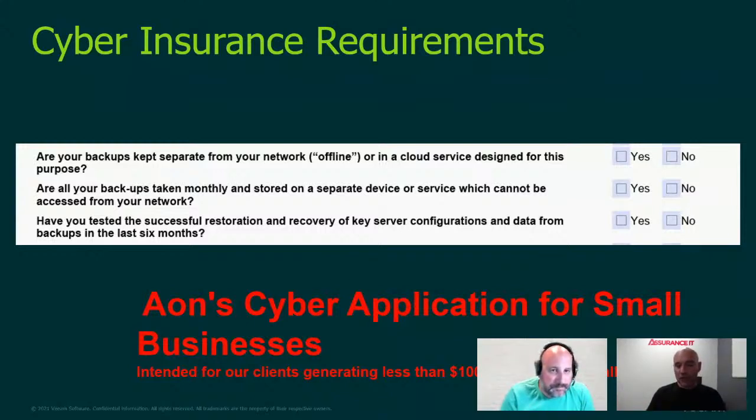So cyber insurance is another security control. It's another control that organizations put in place in order to protect themselves, right? Technology is not the only element needed in order to have protection. And when you fill out those cyber insurance forms, there are three key questions related to backup. One of them being, are your backups kept separate, offline, in a cloud service, or designed for this purpose, right?